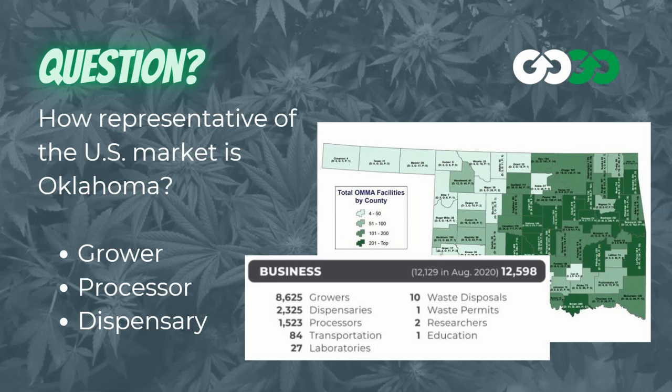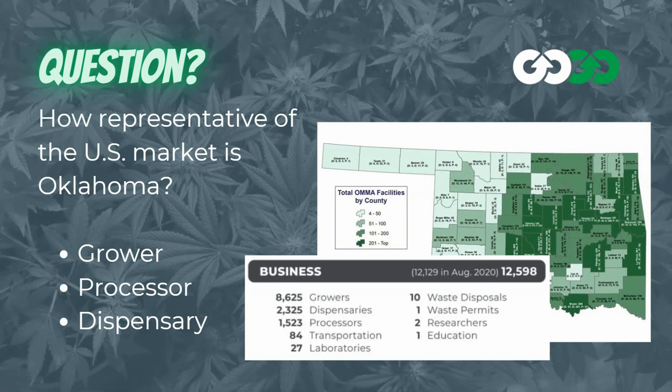So one, this is a macro based view of the market and the economy. Our state does provide updated license counts from regulatory agencies that oversee cannabis in our state. These numbers provide insight from a very high level of the number of business licenses that exist, but that's really the extent of it.